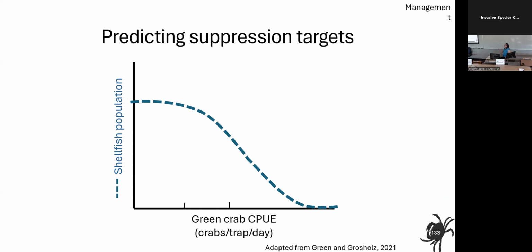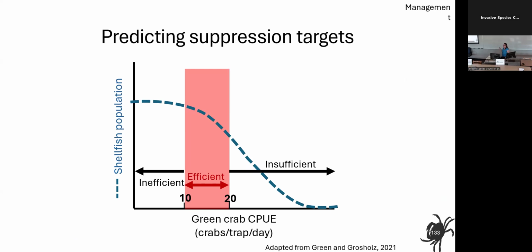Based off of the work done by Ted Grosholz in California, you would expect to see your best bang for your buck between 10 to 20 catch per unit effort, or crabs per trap per day. Below that, it's inefficient, and above it is insufficient.